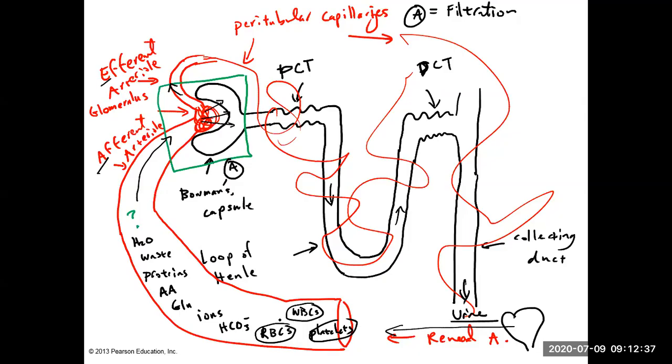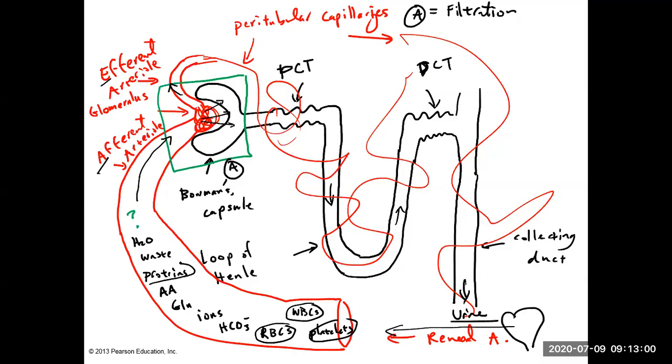If you lose the white blood cells, which are even larger than red blood cells, you lose your immunity. You lose the cells that are supposed to serve and protect you. When you lose platelets, you will not be able to do blood clotting. So those are too large to be passing.